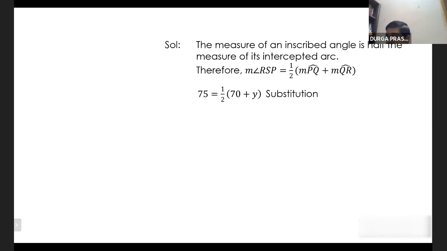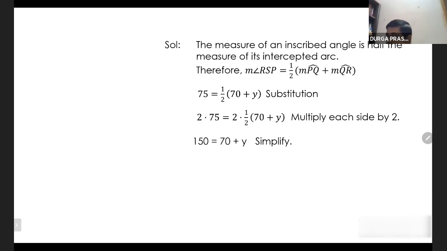So 75 degrees is RSP, that is half of 70 plus y. So from here you get y equal to 150 minus 70, that is 80. So 2 into 75 is 150, minus 70 gives 80. So y is equal to 80.